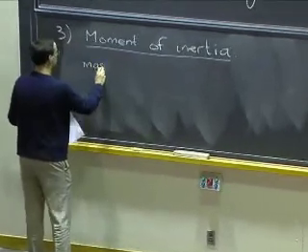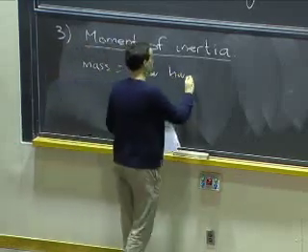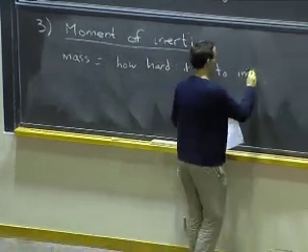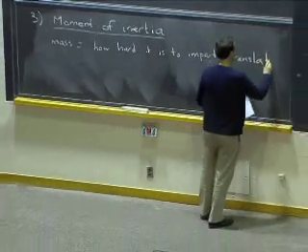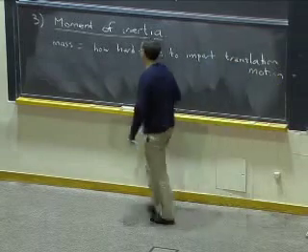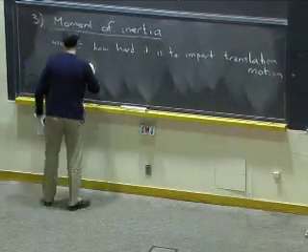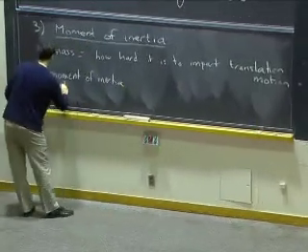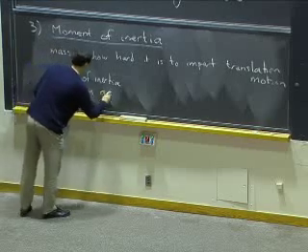Maybe I should write this down. So mass is how hard it is to impart a translation motion to a solid. And the moment of inertia, the difference with the mass is that the moment of inertia is defined about some axis.